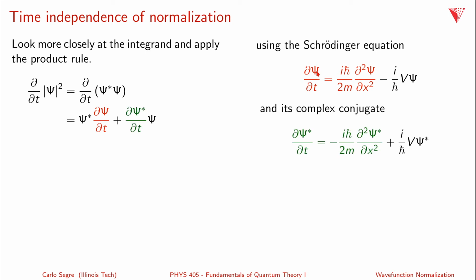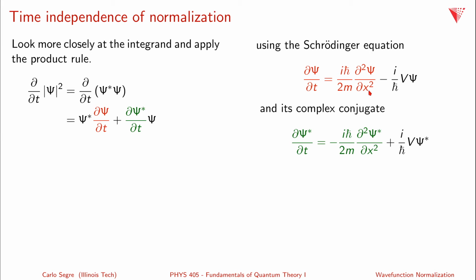And we also look at this one, and we see that the partial with respect to time of the complex conjugate is simply what's on the left side if we take the complex conjugate of the whole Schrodinger equation. So if we look here, we have partial psi with respect to t, that becomes partial psi star with respect to t. On this side, we have i h bar over 2m, partial squared with respect to x squared.